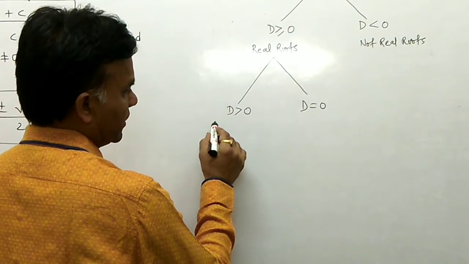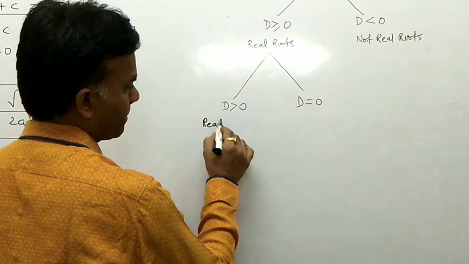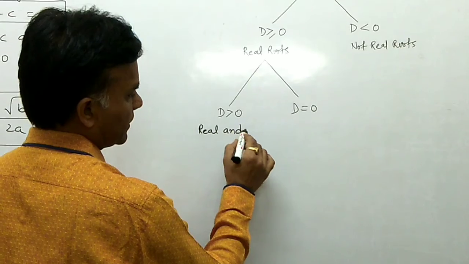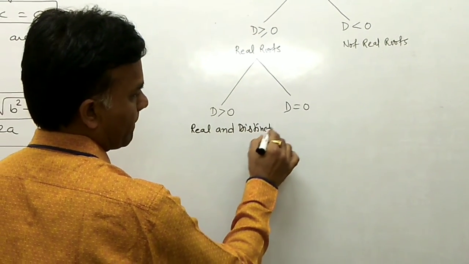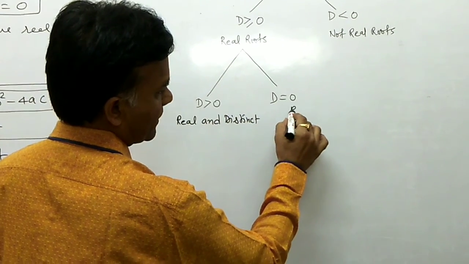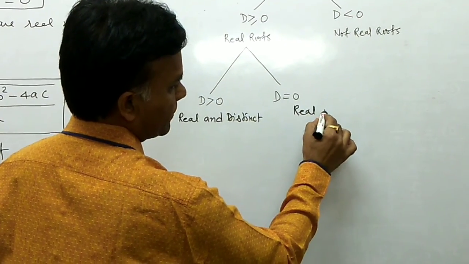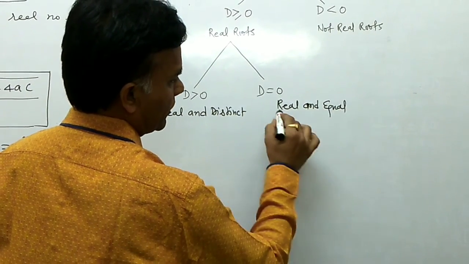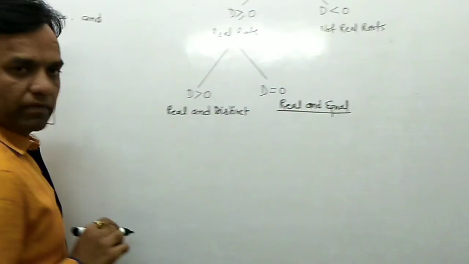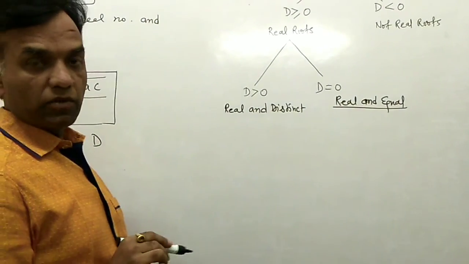So D greater than 0 is real and distinct, and D equal to 0 is real and equal. Real and equal means both roots are equal, so both roots are repeated.